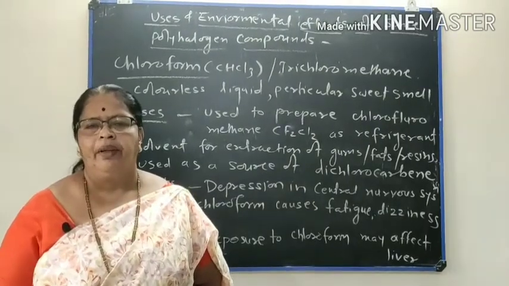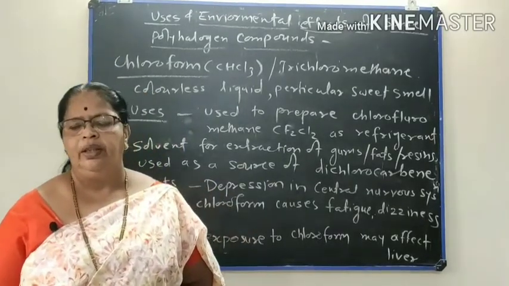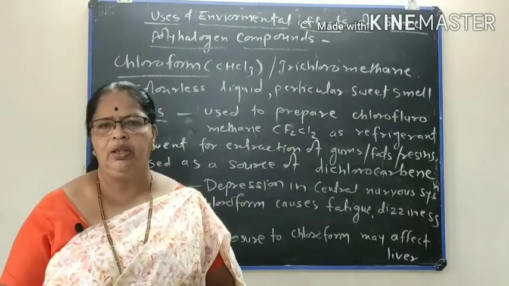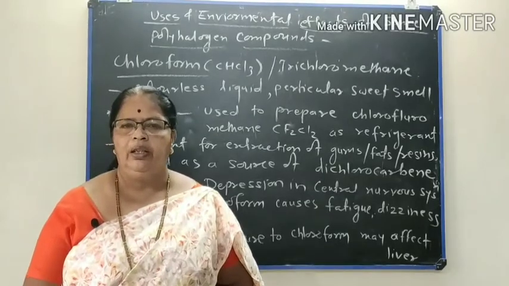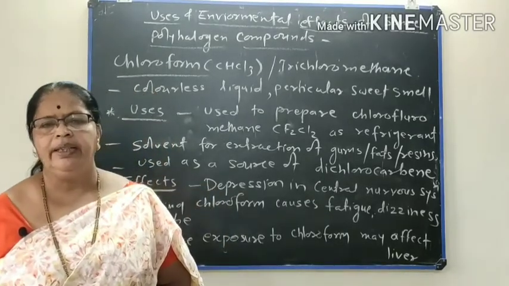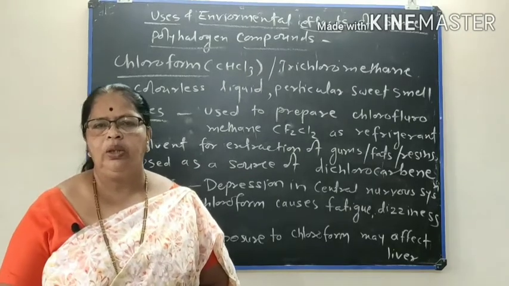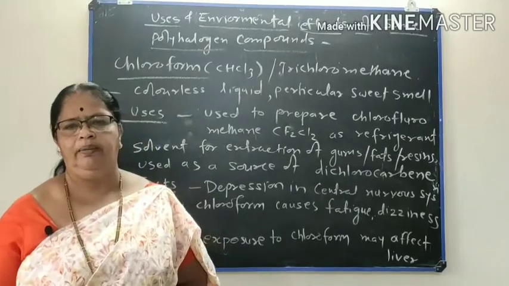Lastly, chloroform when exposed to air and light forms a poisonous compound such as phosgene, and this phosgene mainly affects the central nervous system, and so chloroform is mostly stored in dark colored bottles.